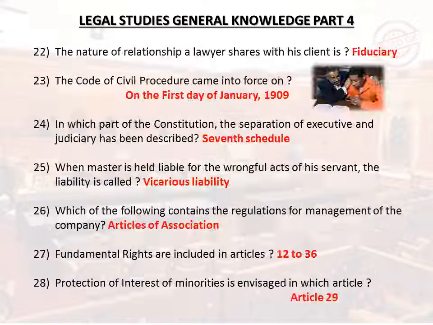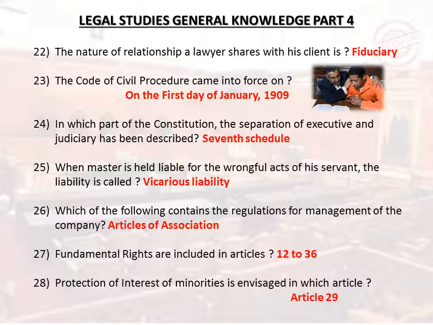61st. The nature of the relationship a lawyer shares with his client is fiduciary. The Code of Civil Procedure came into force on the first day of January 1909. In which part of the Constitution has the separation of executive and judiciary been described? 7th Schedule. When a master is held liable for the wrongful acts of his servant, the liability is called vicarious liability.